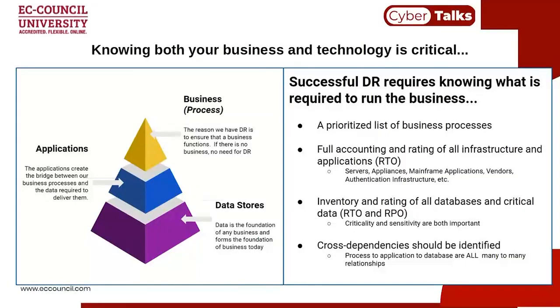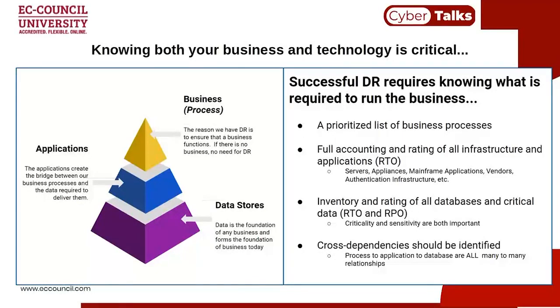So out of this, you need a prioritized list of business processes. We've talked about that. And a business impact analysis exercise will help us get that. We need a full accounting and rating of the infrastructure and applications. That's the RTO. So coming out of this, there's a couple things. Business process will have an RTO. How long before we must recover a business function? Some of that is not going to require technology.